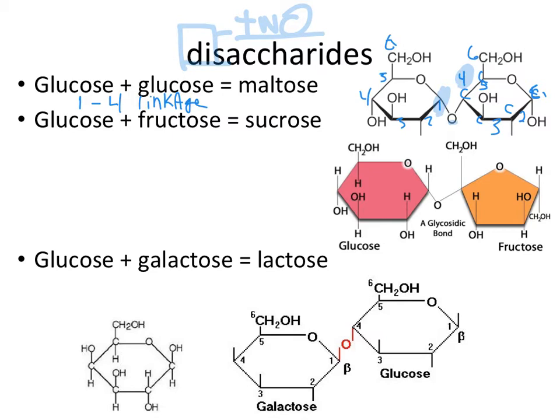So that's a 1,4 linkage, okay? So this is going to give you maltose. If you've ever had a malt, the sugar that's being used in a malt is maltose. So that's two glucose molecules bonded together. It gets this special name called maltose.